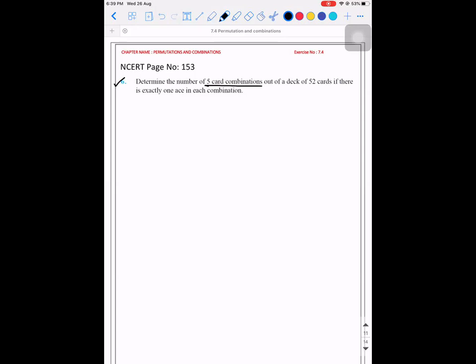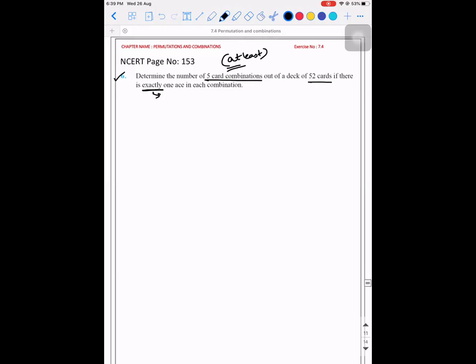Determine the number of 5 card combinations means you need to pick 5 cards from a deck of 52 cards, such that exactly one ace should be there in each combination. Okay. See, you need to be very careful. If they use the word exactly, it should be only one. Sometimes they will use the word at least. You need to be very careful. So since they have used exactly, you need to have only one ace.